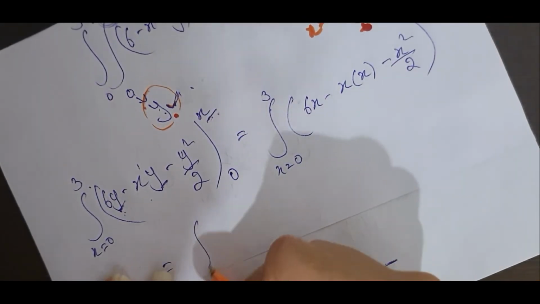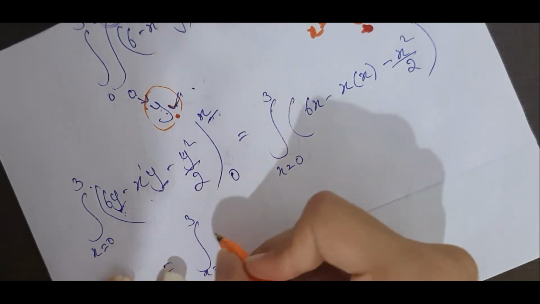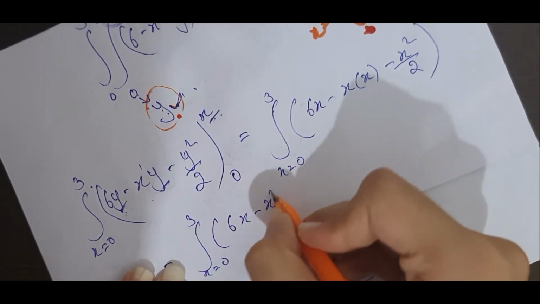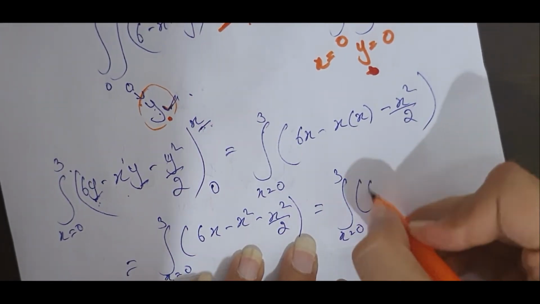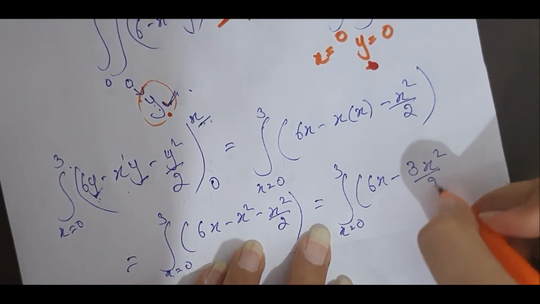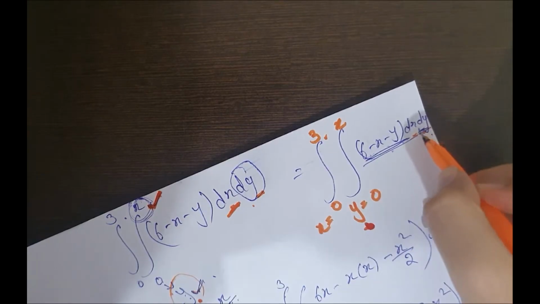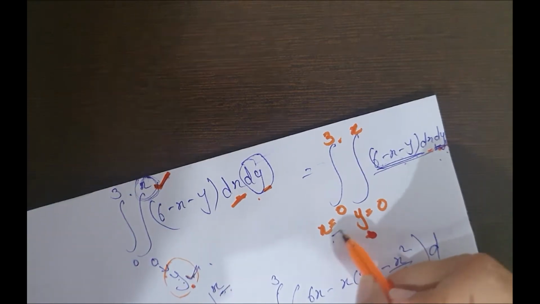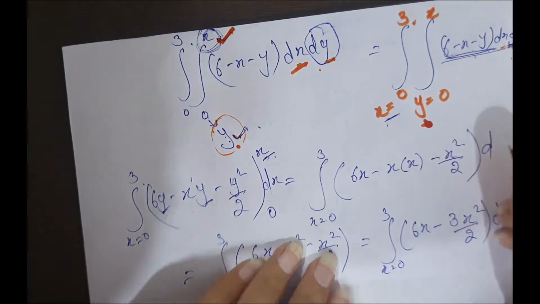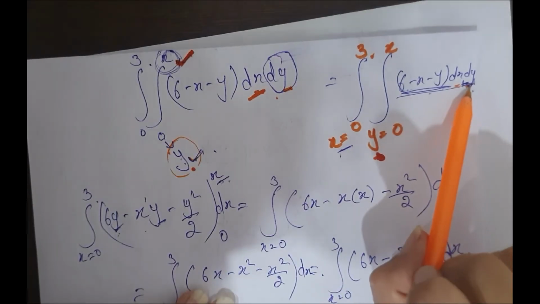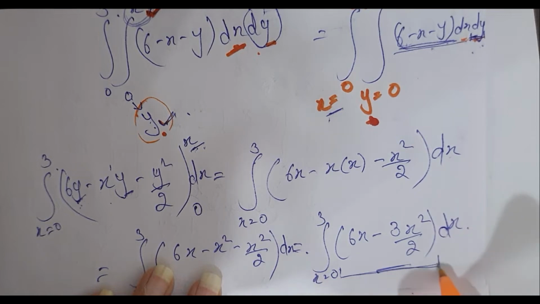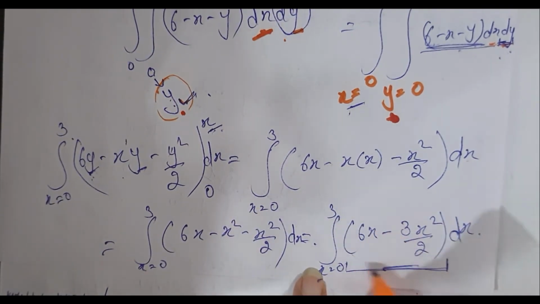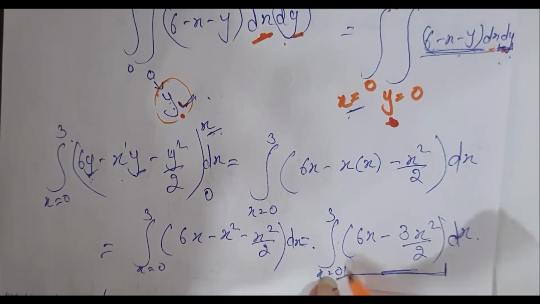Now solve it. Now we integrate it with respect to y. We have not integrated it with respect to x, so put dx as it is. Here we integrate it with respect to y, so the answer comes out to be this. Now assume it as a new question. We are given this function and we have to integrate it from 0 to 3.